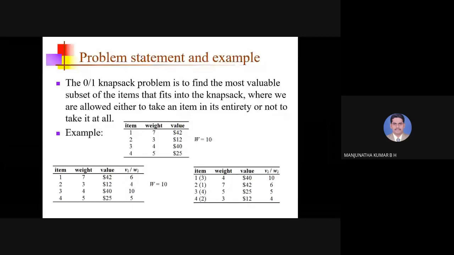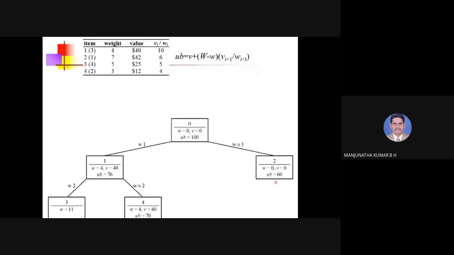Okay, now I told you already, in the branch and bound technique, the problem is solved by constructing the state space tree. So here I'm going to construct the state space tree using this table. Use the recent table, don't use the original given table.